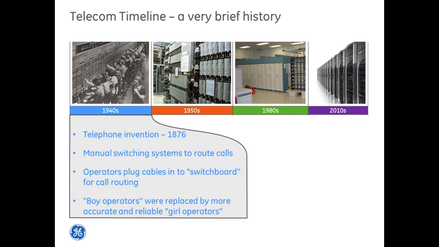As this new technology became accepted by the general public, people wanted telephones in their houses. Manual switching systems were used to route calls. You remember people asking for a particular number, and the operator in the central office would plug a cable into a switchboard to route that call from one subscriber to another.